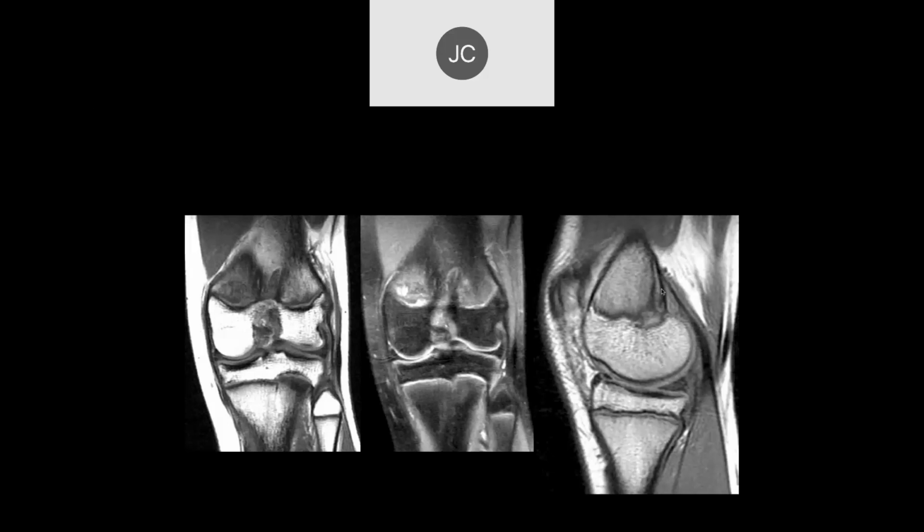Fracture line coming down? Salter 2. Agreed. No, this usually isn't classified as a Salter injury.